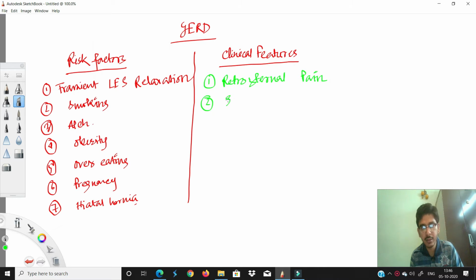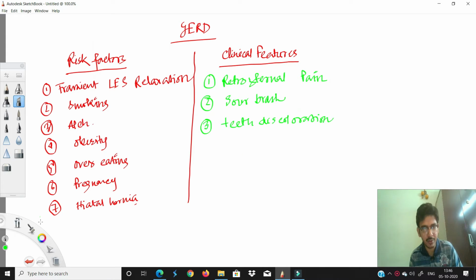Second one, sour brash, and third one is teeth discoloration. So these are the clinical features. Through these clinical features you can easily identify a gastroesophageal reflux disorder case.